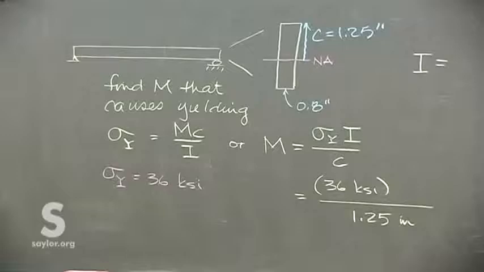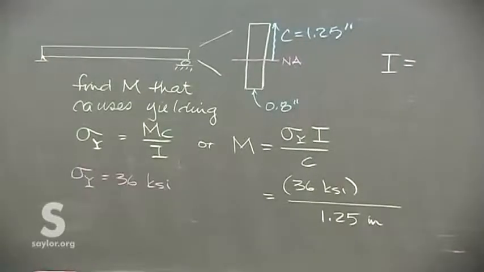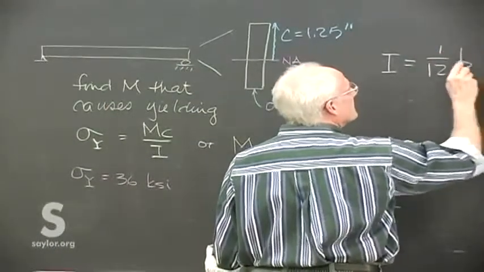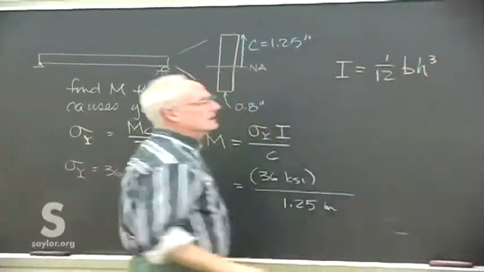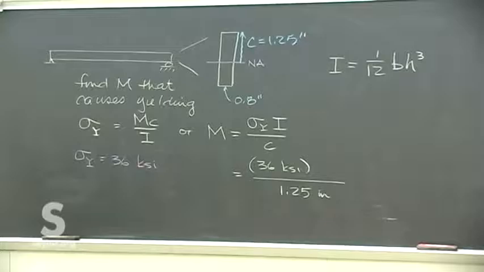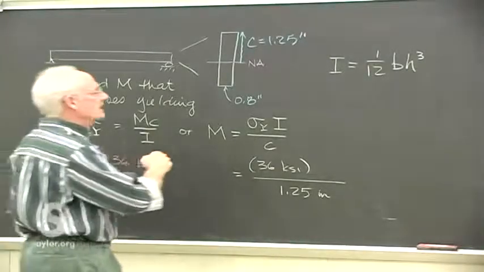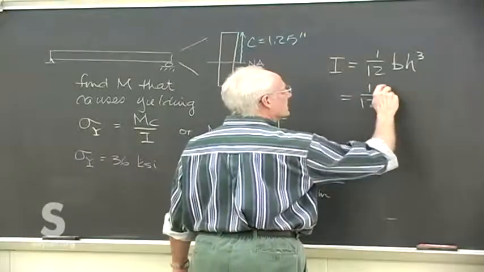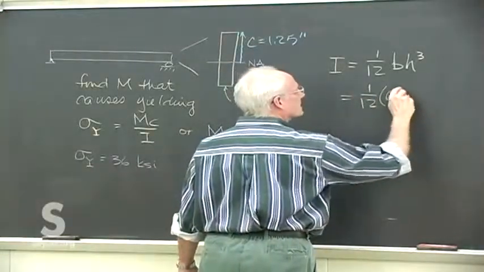Well, no one will. Nice rectangular shapes, remember, like this, they're in the book, so you just have to look them up. This one happens to be 1/12 BH cubed, where B is the base and H is the height. Make sure you get that right when you look at the pictures of those in those tables in the book.